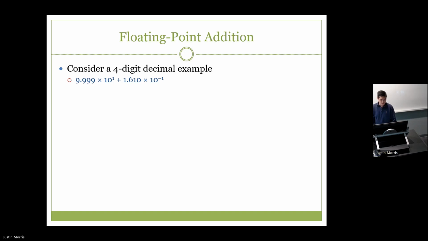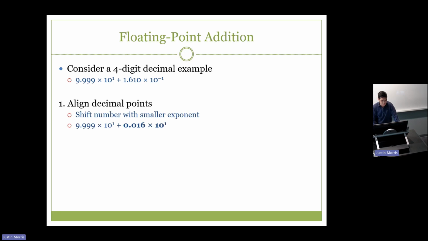The smaller one in this case is 1.61. To align it, I'm going to move the decimal to the left. By how much? Yes, 2. So step 1, align the decimal points: shift the number with the smaller exponent.